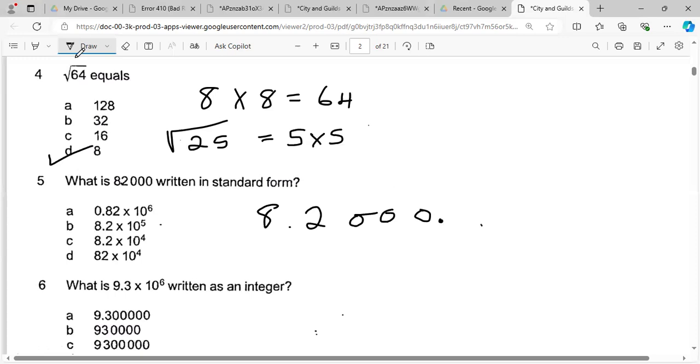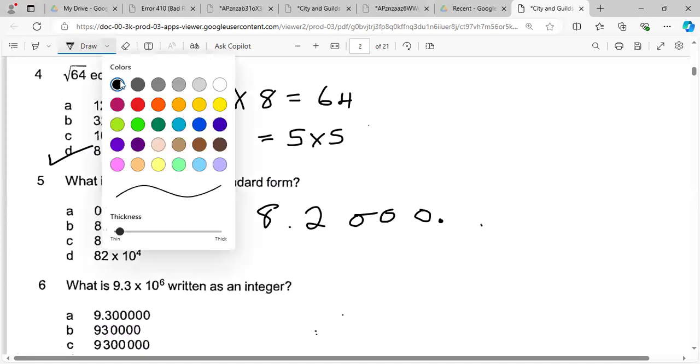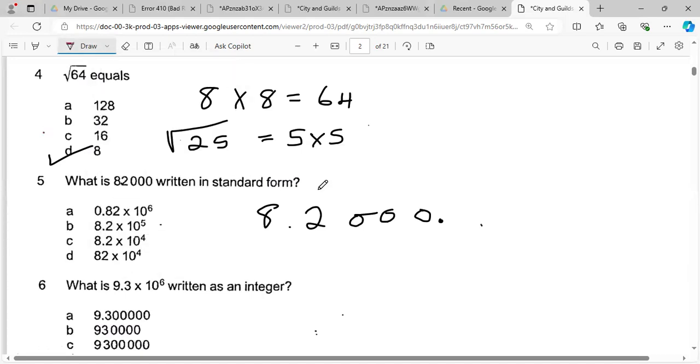So all we have to do now is come all the way from there and count the number of places, and that will be our answer. 1, 2, 3, 4. So because we move 4 times, it's 8.2 times 10 to the number of places we move. We moved 4 places, so it's 10 to the 4, or 10 to the 4th power.